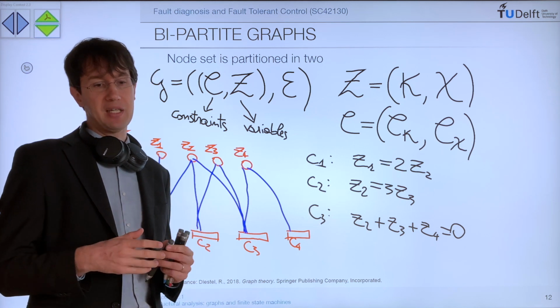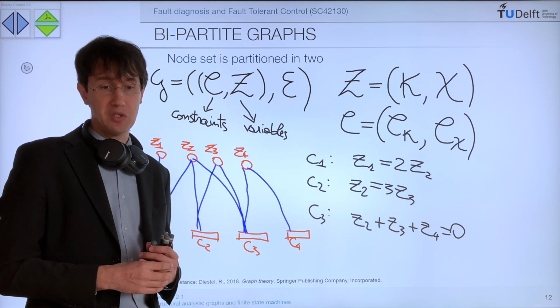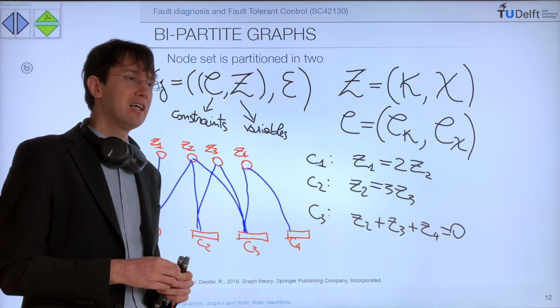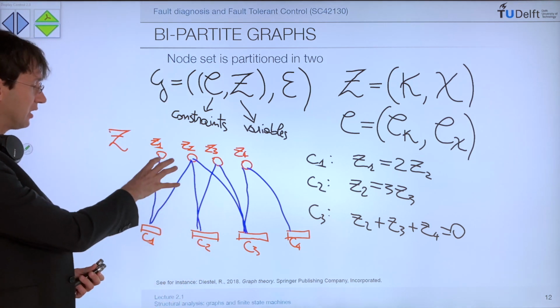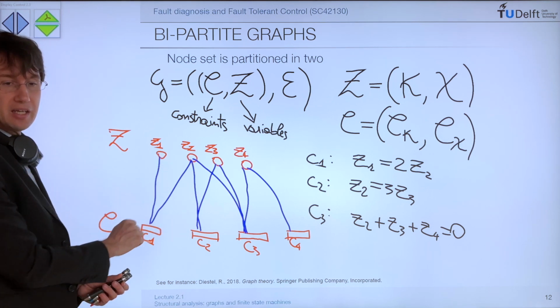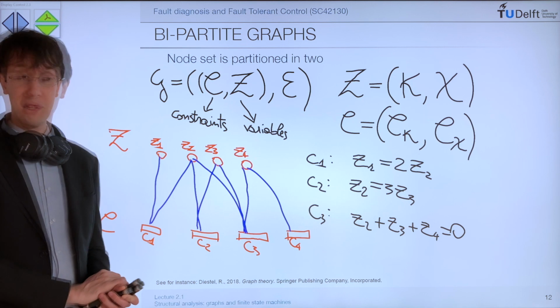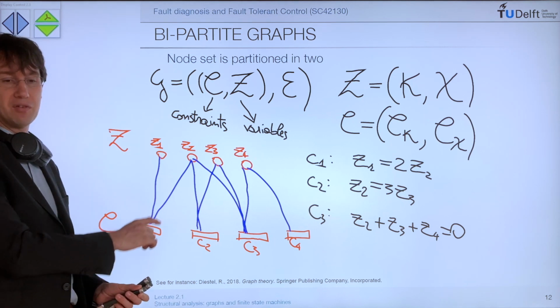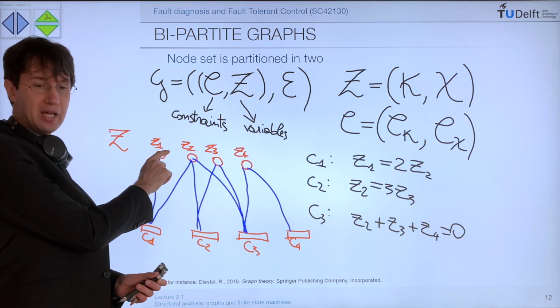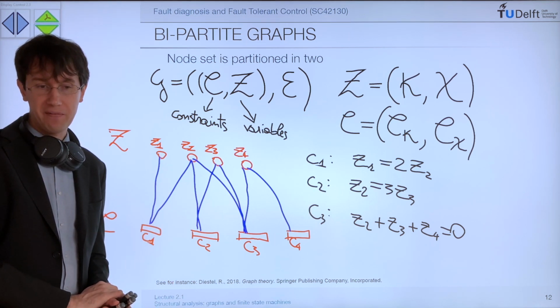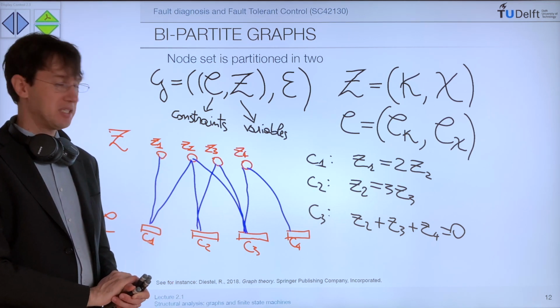So if in a dynamical system you have a measurement, you can assume that you know that variable, of course up to uncertainty. And then you can look at this graph and see if you can reach unknown variables, which means if I'm starting from one variable that I know and I can solve all the equations that I have on my path, I can find the value for the missing one.